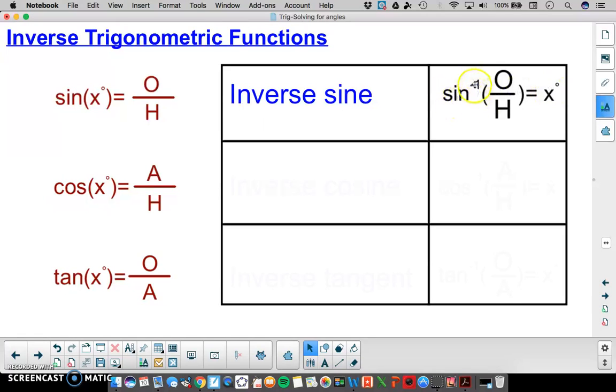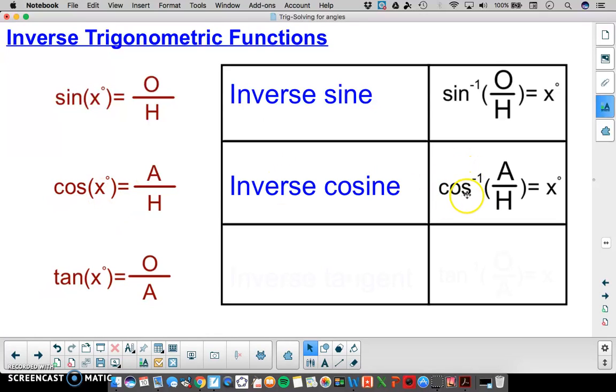That sine to the -1, that -1 indicates that it's the inverse of sine. For cosine, we have inverse cosine, and we have inverse cosine of the adjacent over hypotenuse is going to equal our angle.